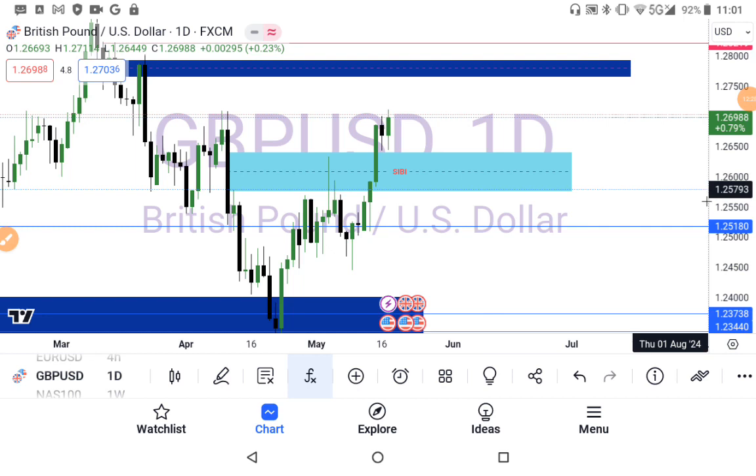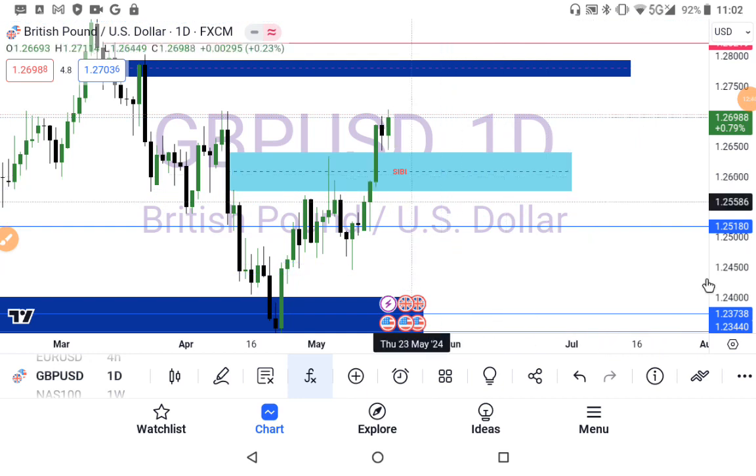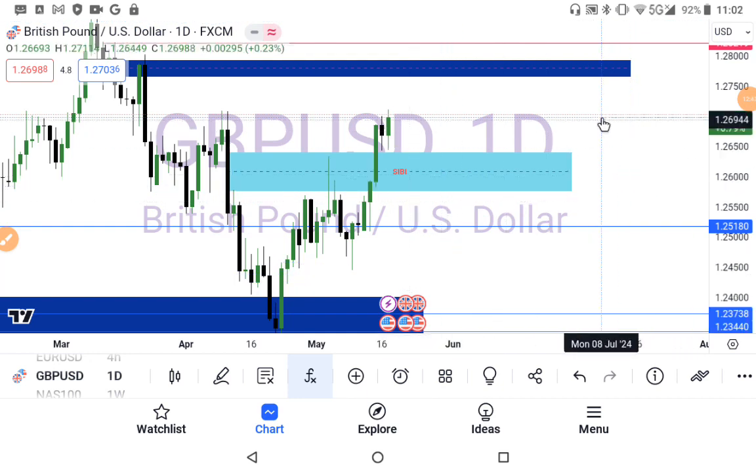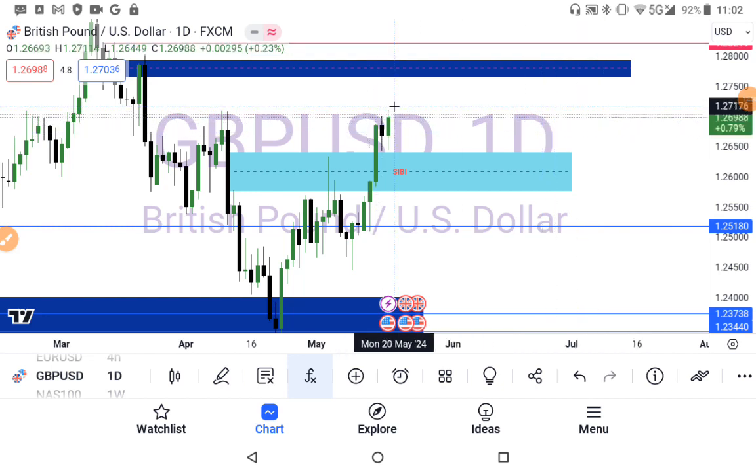On the 5th, I was interested in 1.26340 and 1.27 thousand. 1.27 thousand should be the low hanging fruit to be delivered or to be revisited, because 1.2700 has been delivered as well.